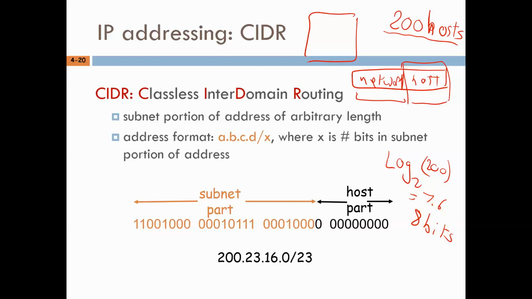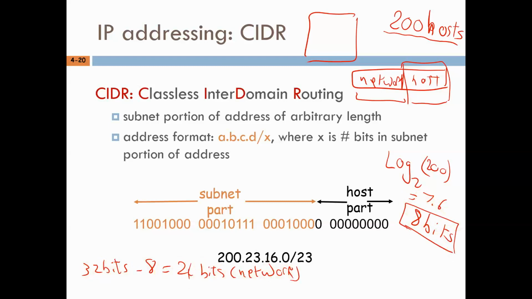So if you have 200 hosts, you need a minimum of 8 bits for the host part to represent them. Okay. So if you have the IP address of 32 bits, and you need 8 bits for the host part, that means the remaining 24 bits are for the network address.